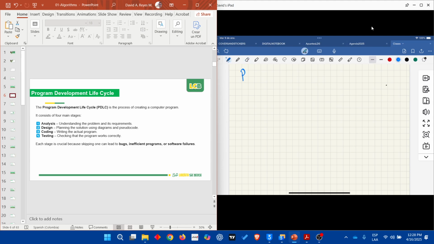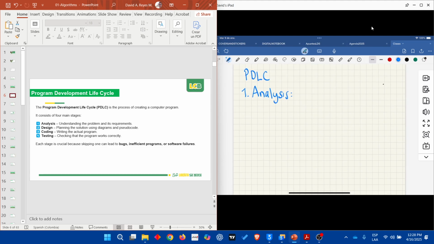Program development life cycle. Let's talk about the first one, which is called analysis. What do you need here in analysis? Here you need to start identifying what you need in the software that you are going to create.